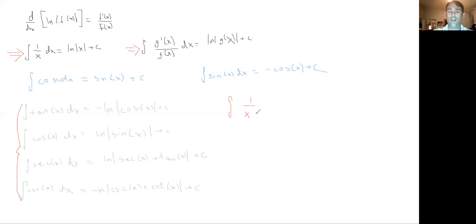So for instance, say I have x plus 2, and I have x squared plus 4x plus 4.